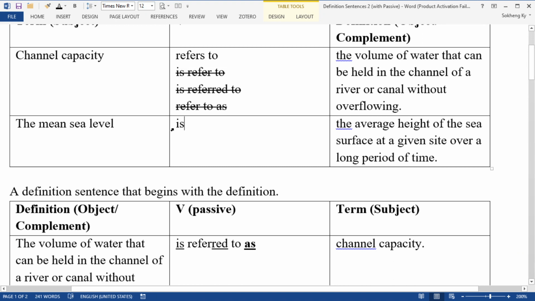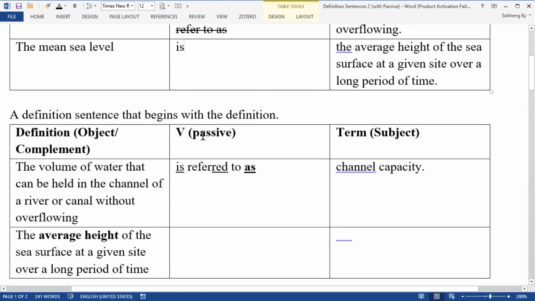And what about this? Is. You know, the verb to be here is a linking verb. Basically speaking, we don't have the passive form for the linking verb. Well, we need a different verb to help the verb to be.